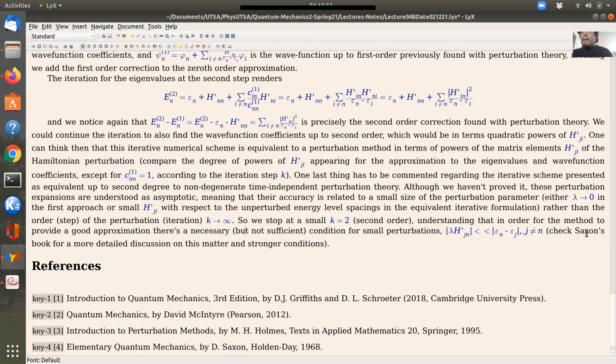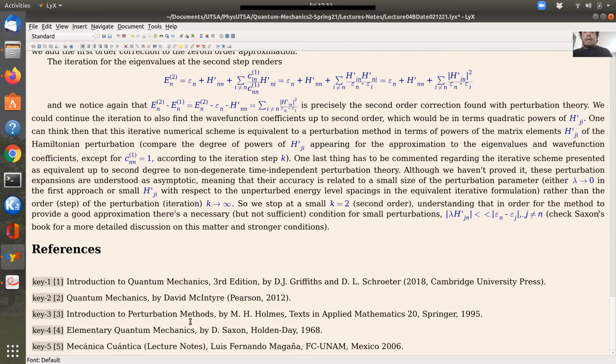If you want to know more about this, I encourage you to check Saxon's book. I have listed some references, of what I have consulted to prepare the lectures so far in time-independent perturbation theory, so that you guarantee good convergence.